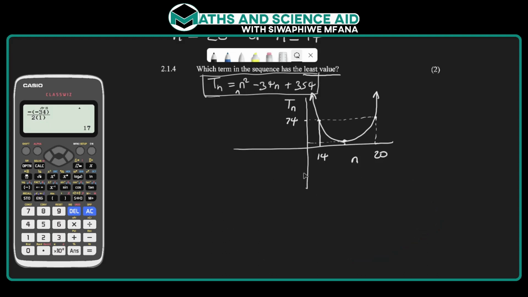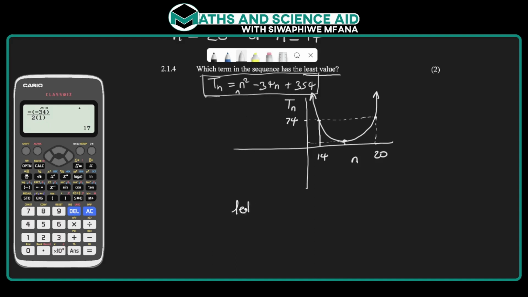Using calculus, we can find the turning point of our parabola by finding the first derivative of our function. Our general term is the representation of our function.